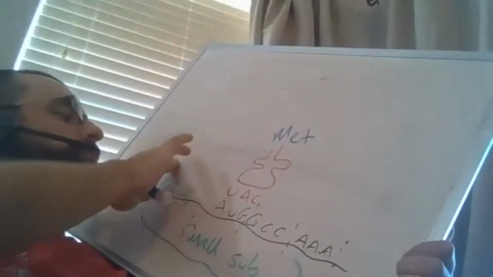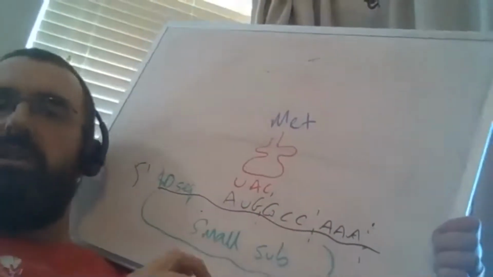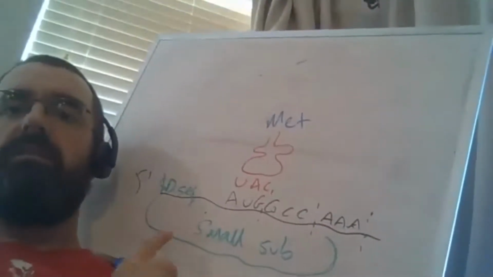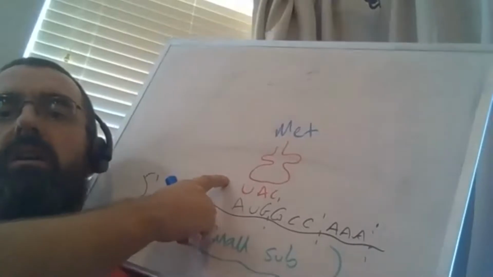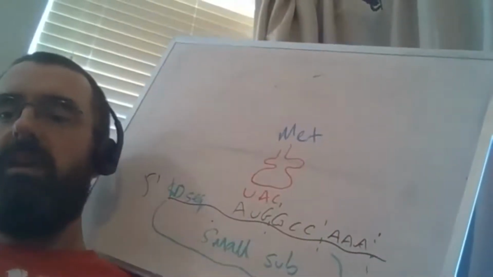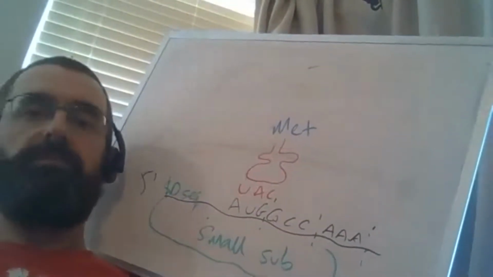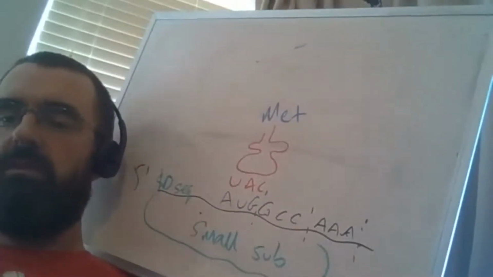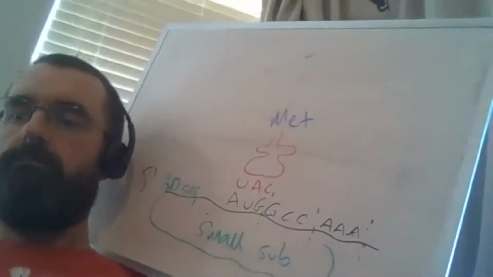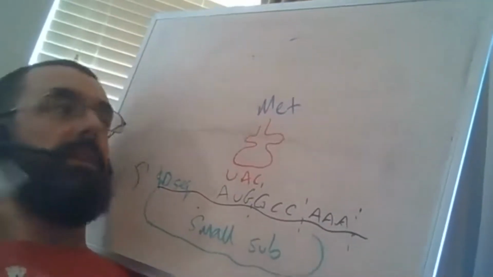So before GTP hydrolysis, this is kind of what it looks like. The small subunit is bound to the mRNA. We've got our tRNA methionine present.